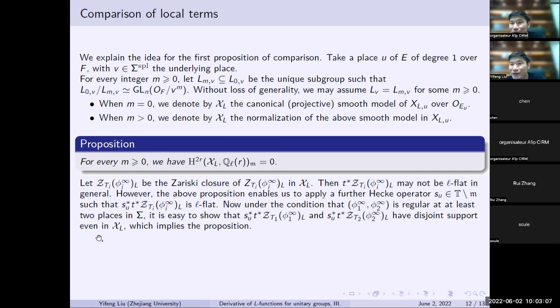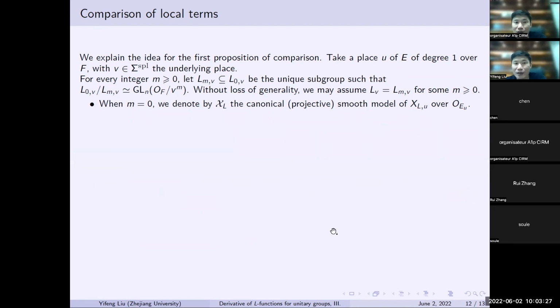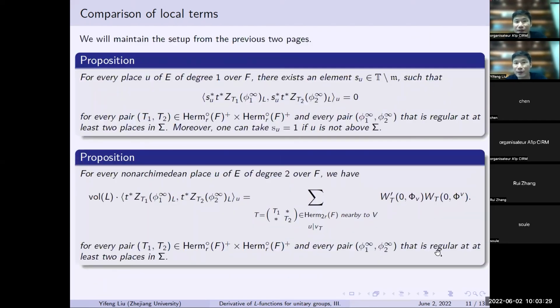So if these two have disjoint support, their intersection on the model must be 0. And since they are L-flat extensions, such an intersection number calculates the Beilinson local height by our proposition yesterday. In particular, we proved the first proposition.